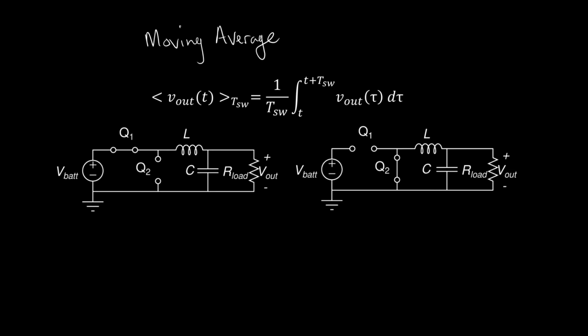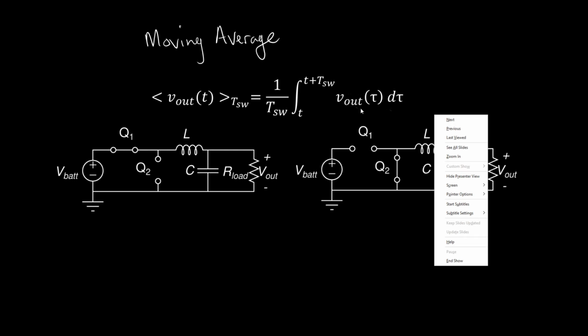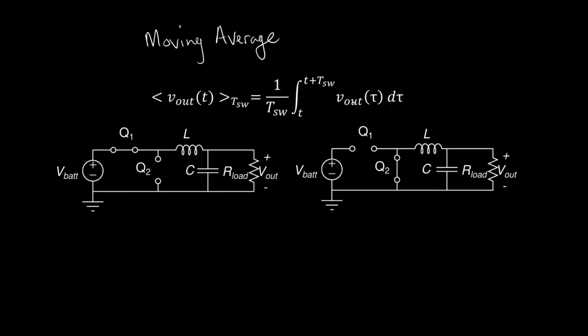Everything is divided into switching periods, and we usually average over that switching period. So we integrate over the switching period and divide by that length of time to find the average over that interval. And we use this idea of the moving average to help us derive the buck converter, which you see below.